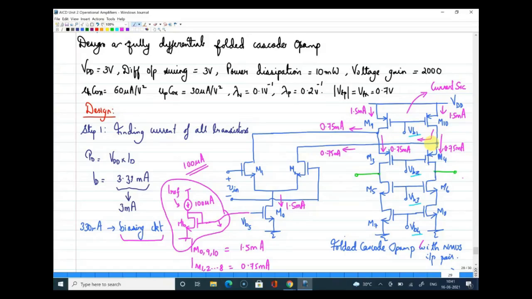Bhuvan, you see there are two branches basically. From the supply voltage you have two branches. One branch has all the transistors in cascode, starting from M9, M10, and then all the transistors in stack down to M7 and M8.